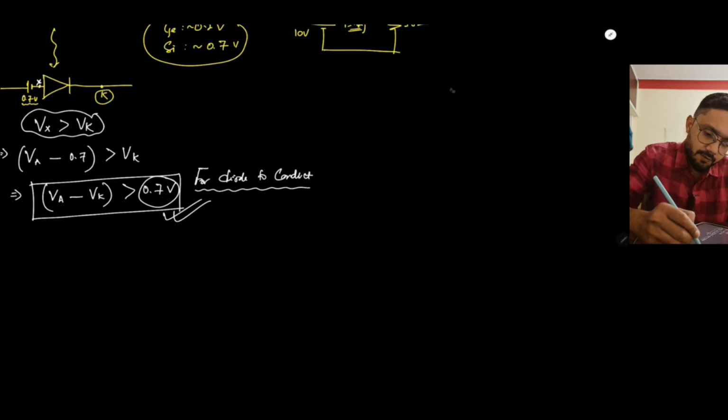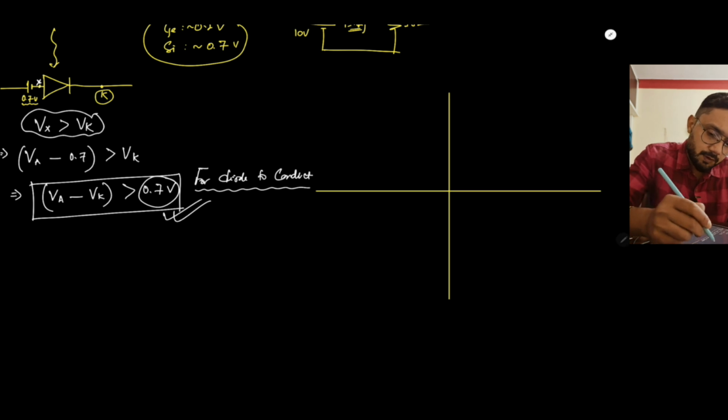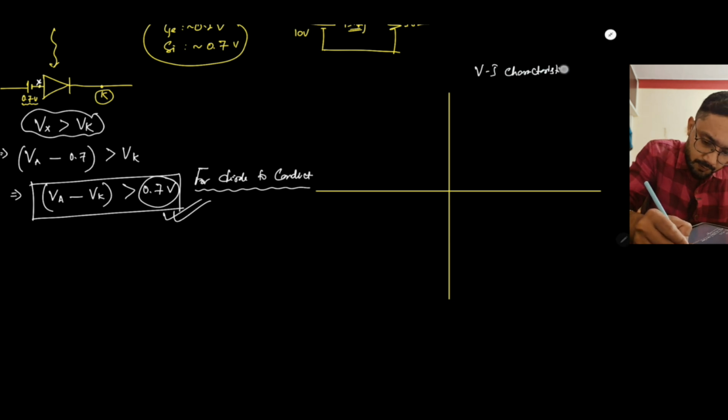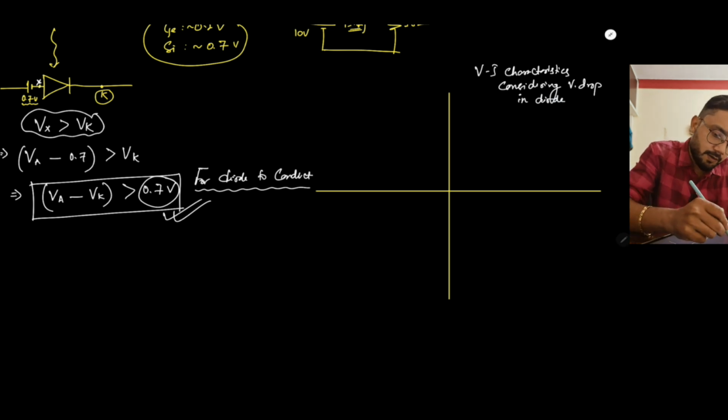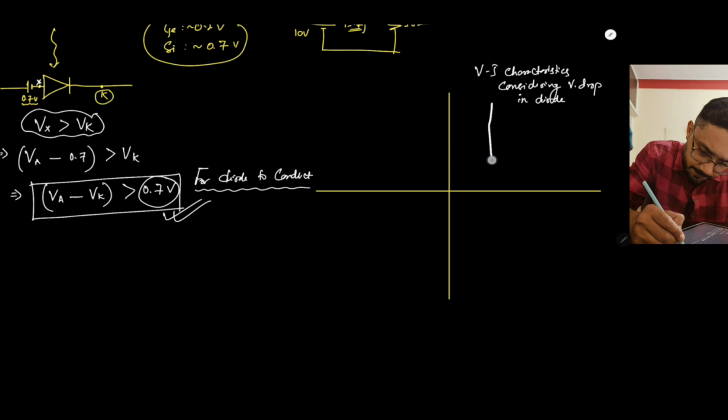The VI characteristics considering voltage drop in the diode will look like this.